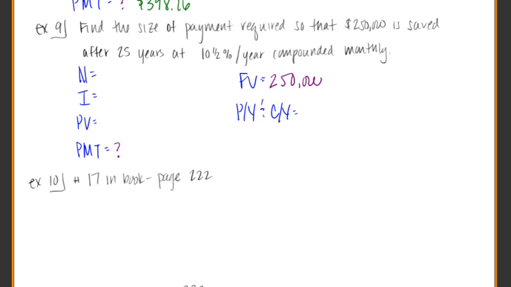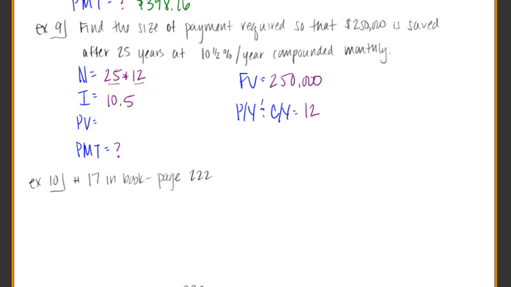So that's going to be our future value, the $250,000. And we want it saved after 25 years, compounded monthly. So we're making 12 payments a year for 25 years at 10.5. And the number of payments per year and compounds per year are both 12. So we're going to make monthly payments.